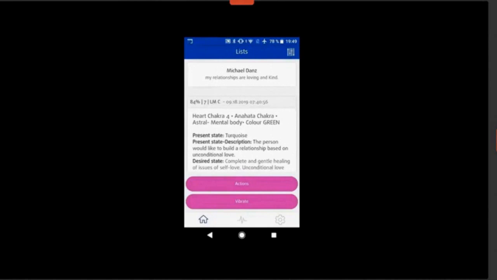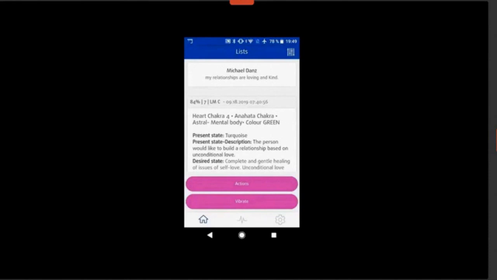This shows how much this issue is already physically manifested in a person's life or not. So D means it is quite manifested. C means it is not much manifested. And LM means it is almost not at all manifested.